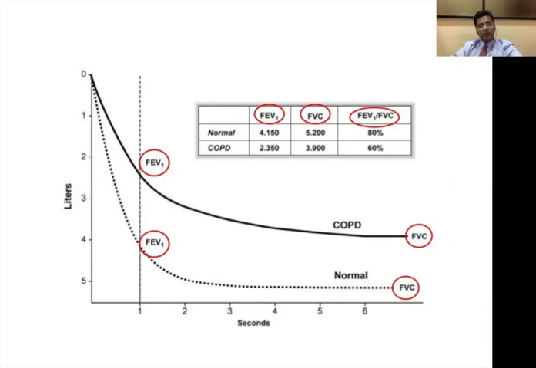Why? Because the airway narrowing is more permanent, a fixed airflow limitation, because of the remodeling and fibrosis that is happening as a result of inflammation. So the inflammation that you see in COPD is different to the inflammation you see in asthma.